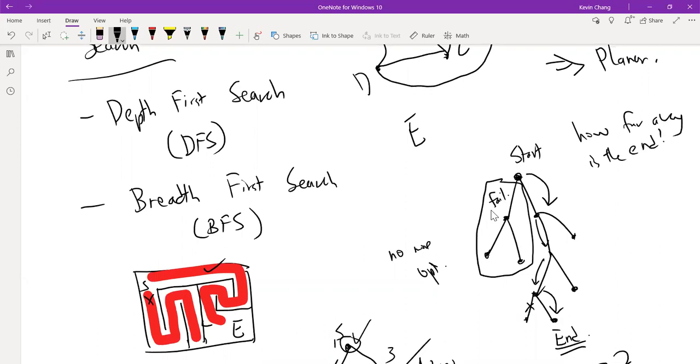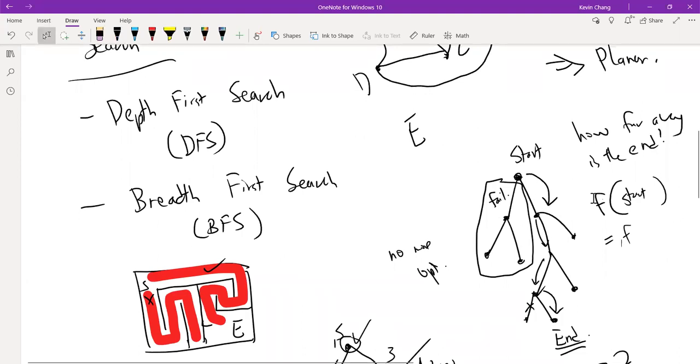Well, we can use DFS and we can say there's a function, let's say f, for whatever node you're at. So in this case, we're at the starting node. Node is the same as vertex. So in this case, your function would tell me how many edges away the endpoint is. And the starting node is just going to be equal to this of the two nodes next to it. So it's a recursive type of relation.